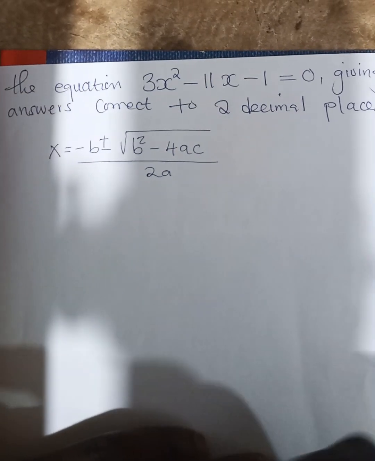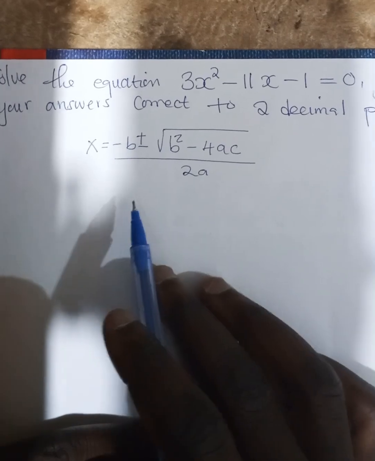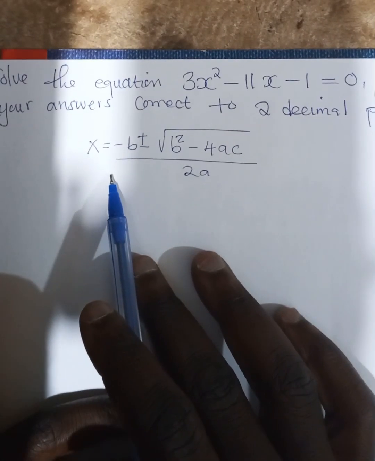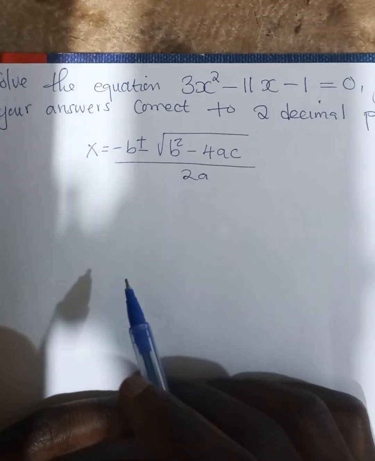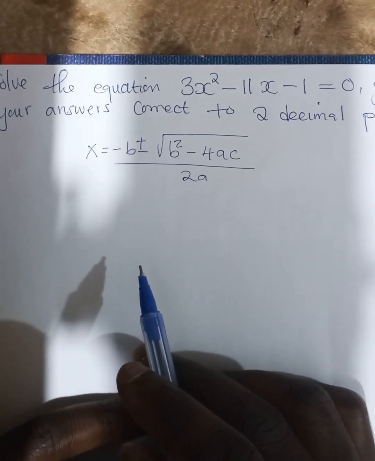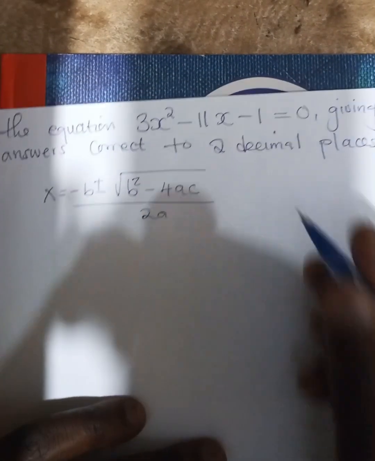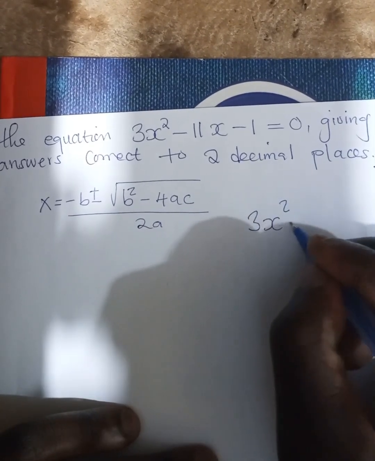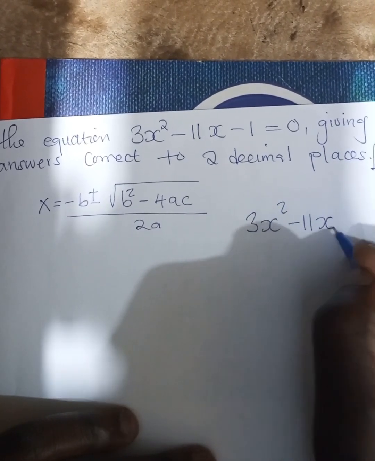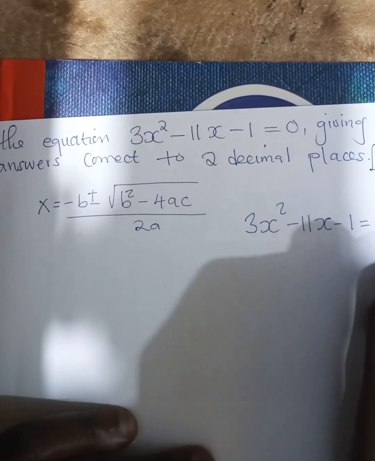So this is our quadratic formula. Likely this formula is given because many of us can't even write this on our own unless we check in the books. Now the equation given is 3x squared minus 11x minus 1 equals 0.